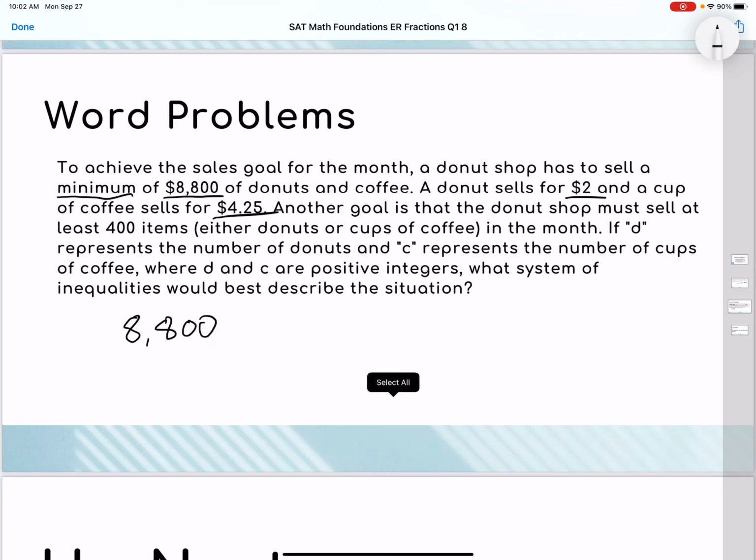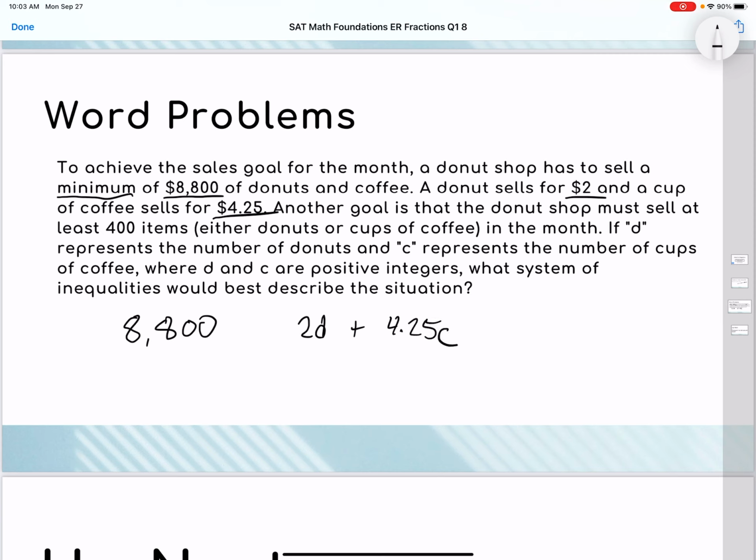And then on the other side, and we won't put the inequality sign yet, it would have to be the amount we make from selling donuts and the amount made from selling cups of coffee, which means it'll be $2 times every D, or donut. So 2D, again, $2 for each donut sold, plus $4.25 for each cup of coffee sold.